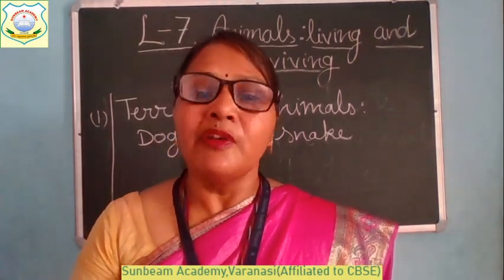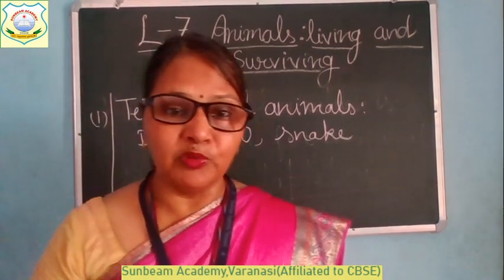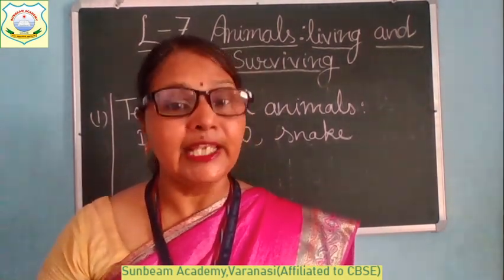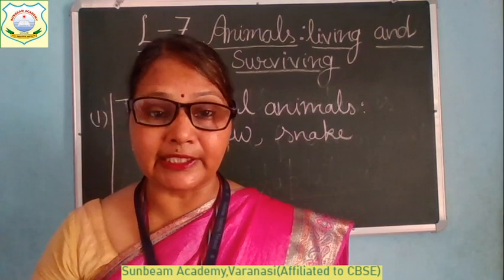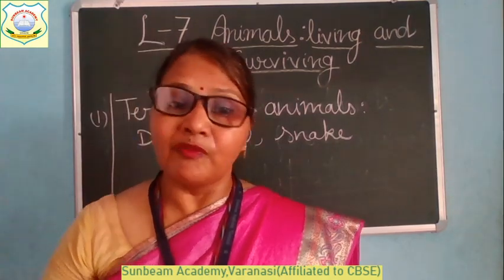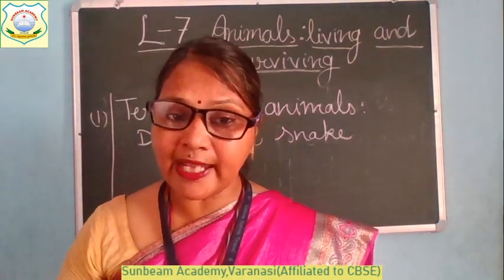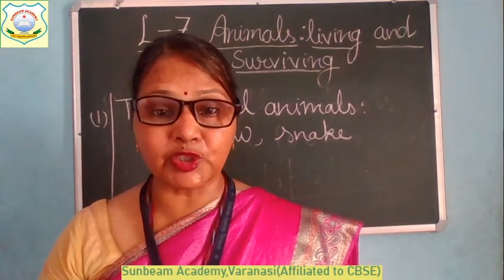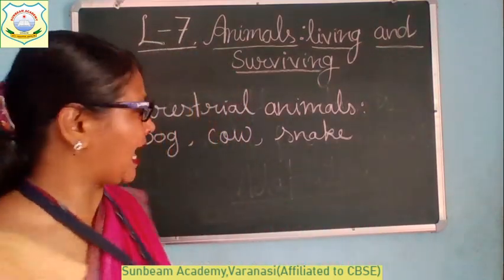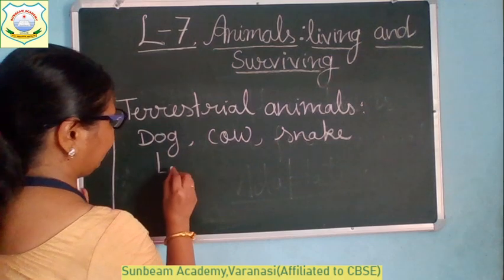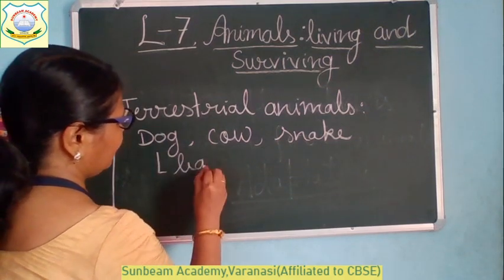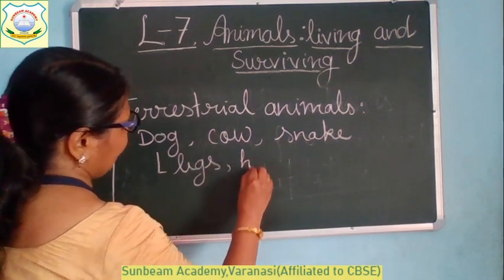The animals which live on land move from one place to another in search of food and shelter. For their adaptation, what special feature do they have? They have very strong legs and hands.